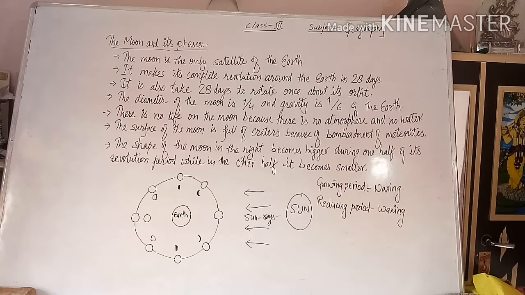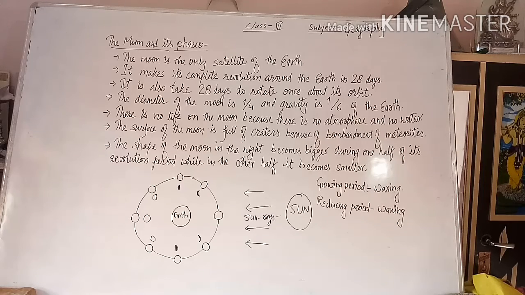As we discussed in the previous class, the moon is the only natural satellite of the Earth. I already told you what is a natural satellite and what is a man-made satellite. So we will discuss the features of the moon.